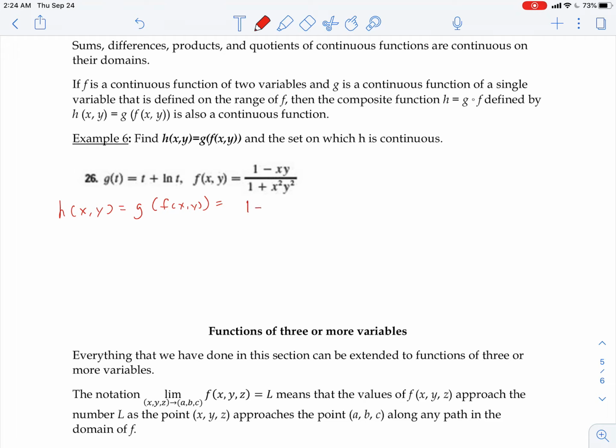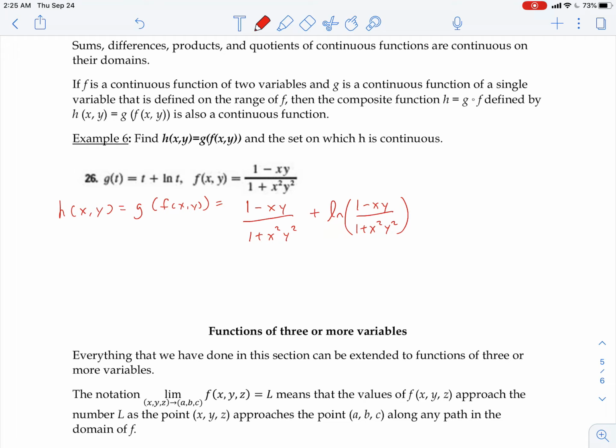So instead of t plus, we're going to say (1 - xy)/(1 + x²y²) plus the natural log of (1 - xy)/(1 + x²y²). That's it. That is the composite function h(x, y).